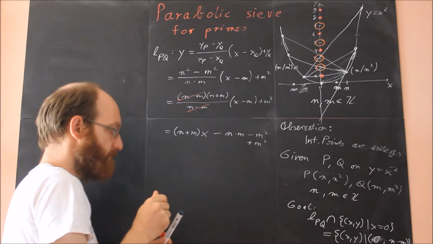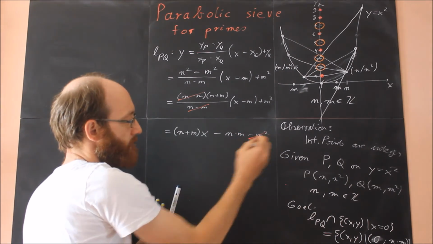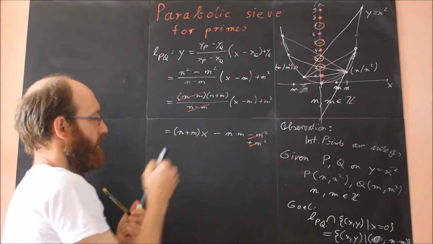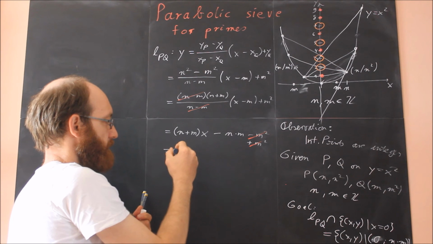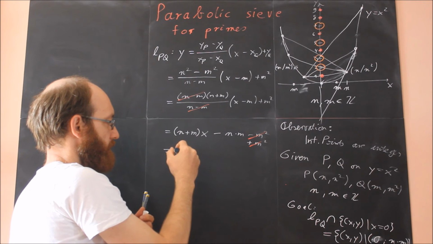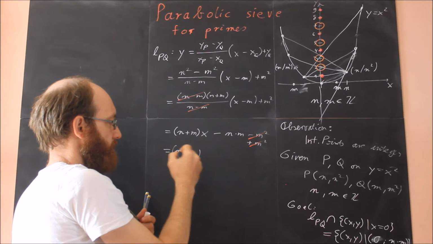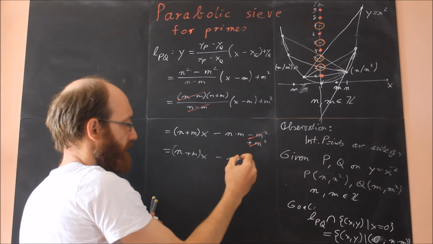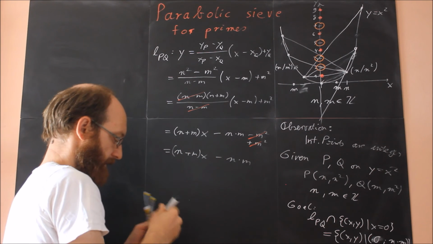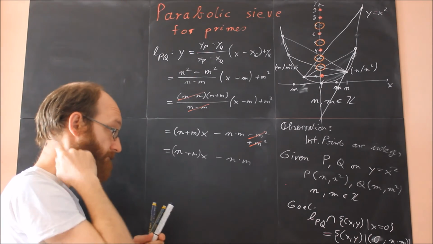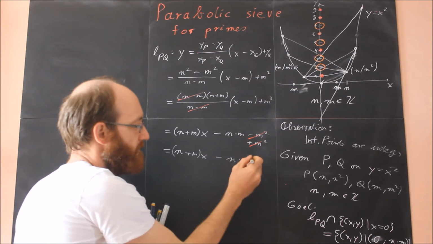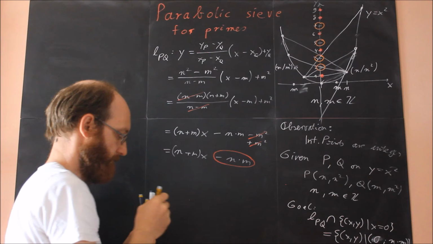So these two cancel out and we are left with (n plus m) x minus n times m, and this part is what we are interested in.